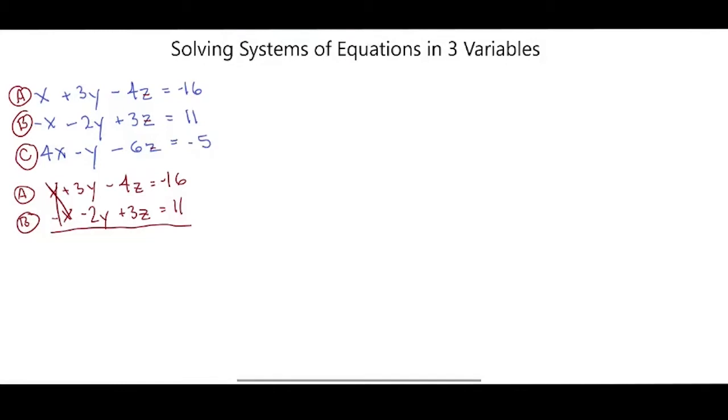Then I have 3y minus 2y, well, that's just y, right? And then I have negative 4z plus 3z, well, that's minus 1z, or just z, equals negative 16 plus 11, which is negative 5. All right, now I'm going to label this equation D.